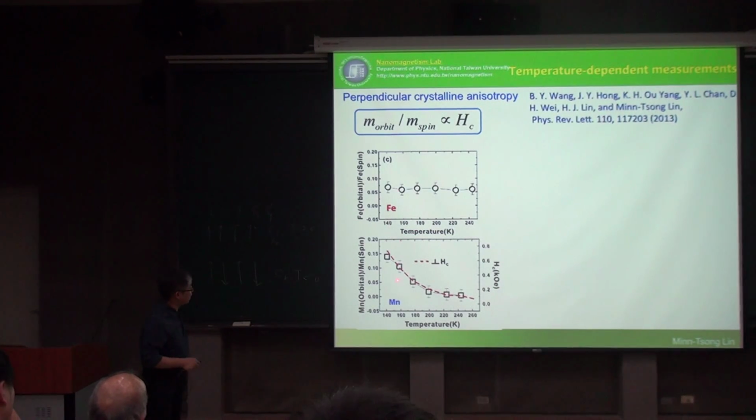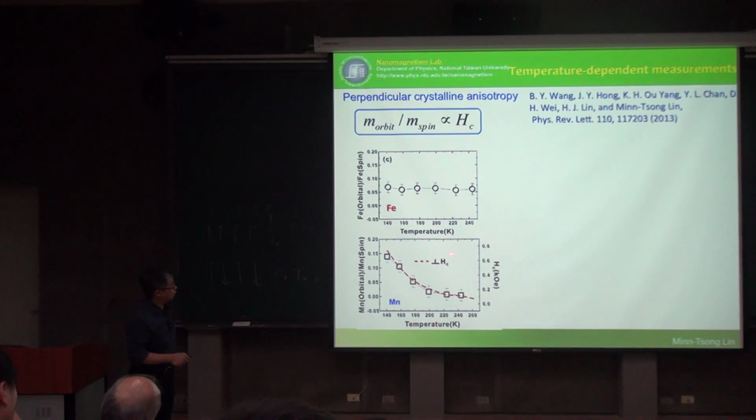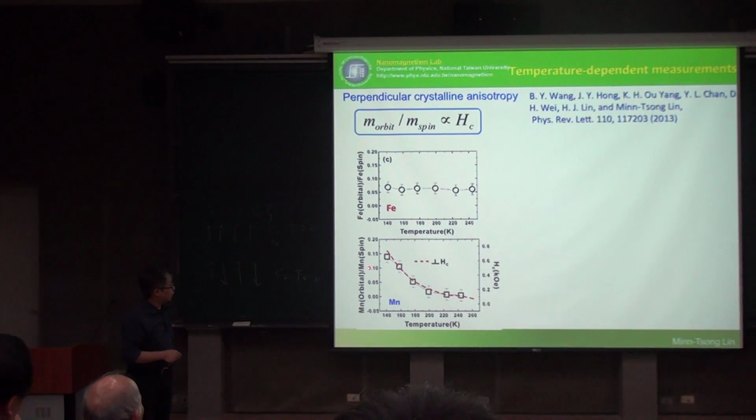And you can see here, the HC indicates the strength of the perpendicular anisotropy from a macroscopic point of view. It corresponds to this data point, the square, the data point of the orbital moment of the magnetism here.